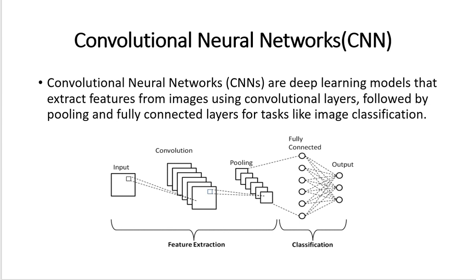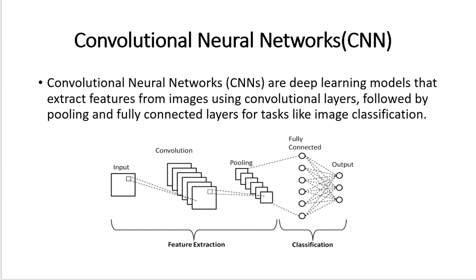In the case of convolutional neural networks, it is part of deep learning to build different types of models to detect the output by having different types of hidden layers.